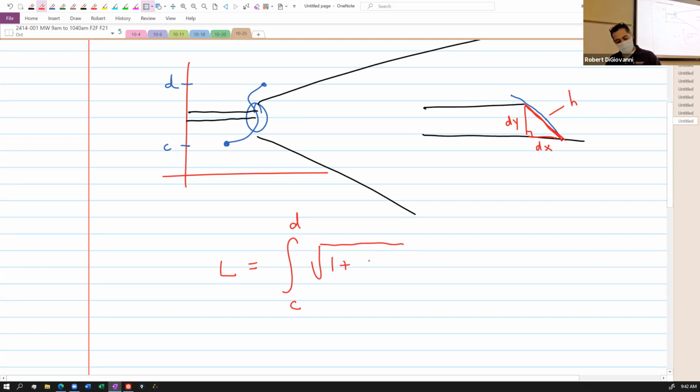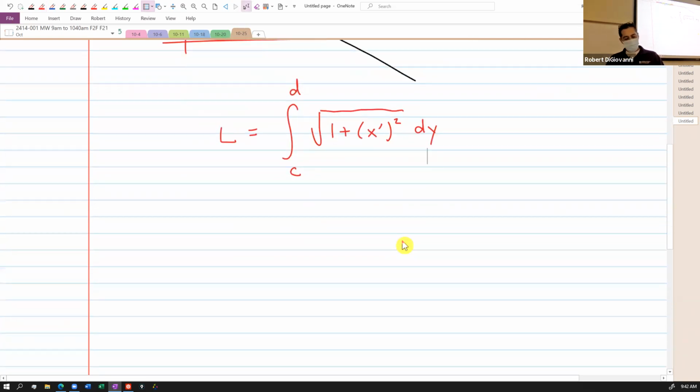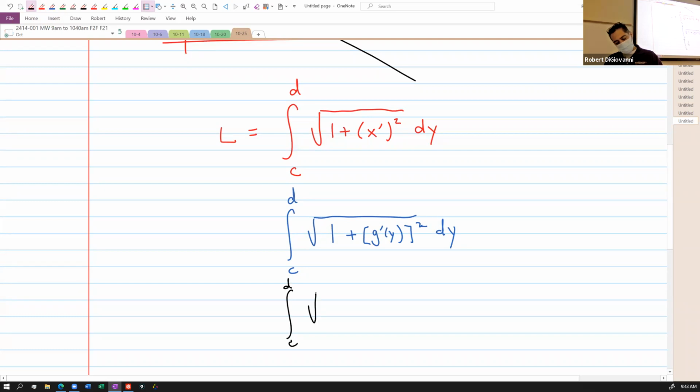You could do the integral from c to d of the square root of 1 plus g prime of y squared dy. Or the integral from c to d of the square root of 1 plus dx/dy, not dy/dx, dx/dy, squared dy. All 3 of those will give you the same result.